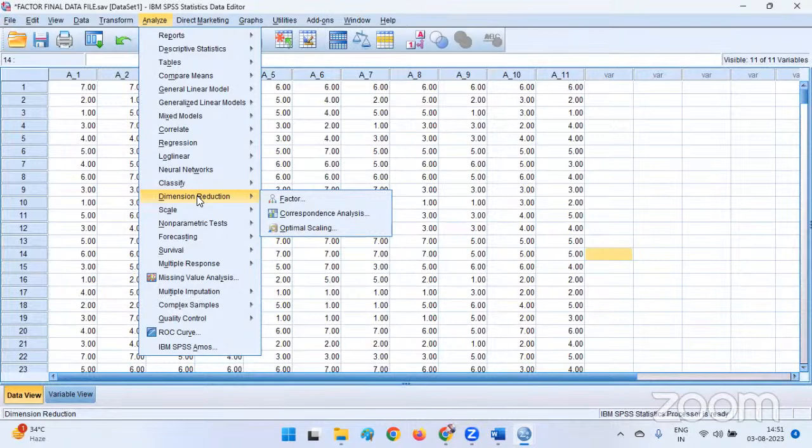Like we have 11, it may reduce to 3 factors. If we have 40, 50, 60, depending upon the correlation among the variables, it will help us. So far, any questions or any doubts you can ask.